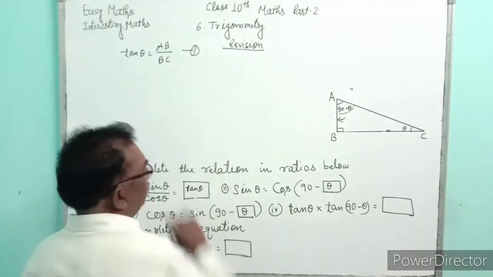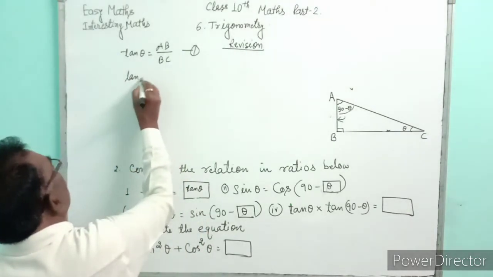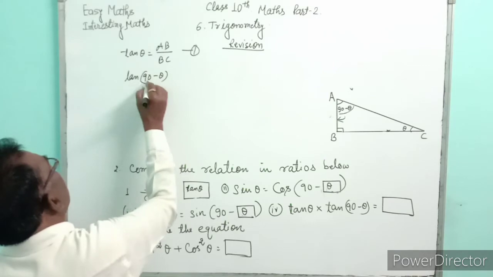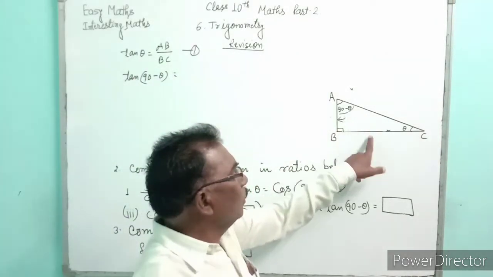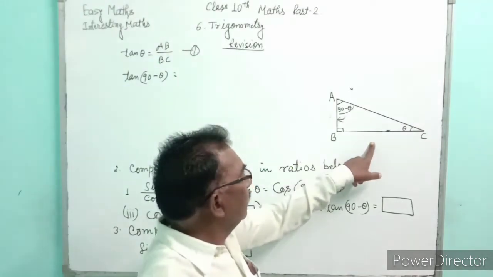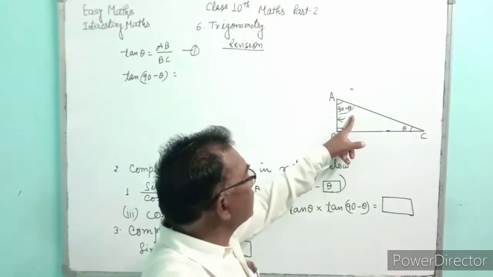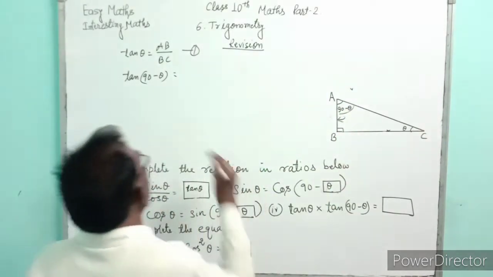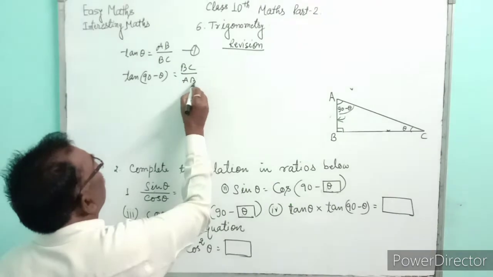This is number 1. Now tan 90 minus theta is equal to the opposite side of angle 90 minus theta divided by the adjacent side of angle 90 minus theta. Therefore BC by AB.